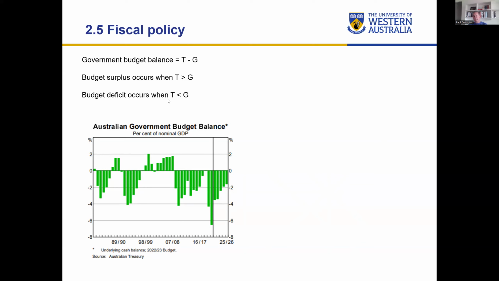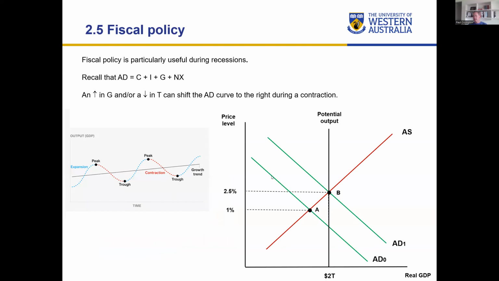These deficits, so these green negative values here, these budget deficits occurred because government spending was greater than taxation. Well, why would government spending be greater than taxation just after this recession? Easy, because the government was trying to shift the aggregate demand curve back to the right to return the economy to potential output, to full employment.